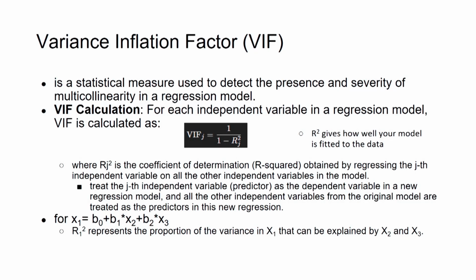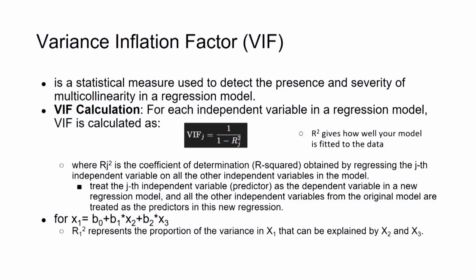As we have seen, we will calculate VIF for all the independent variables, so we can define VIF_j, the VIF value for the jth independent variable or jth predictor. VIF_j is defined as 1 upon 1 minus R_j square.